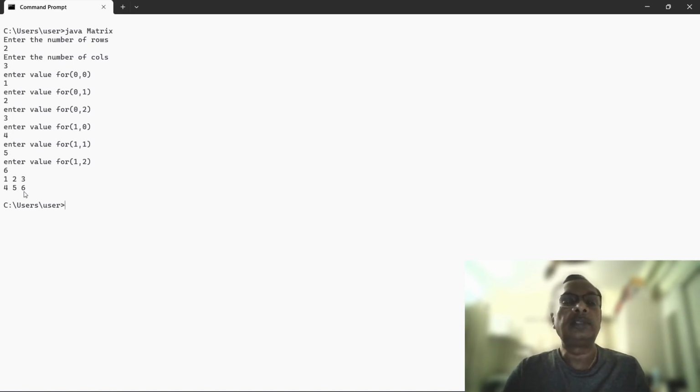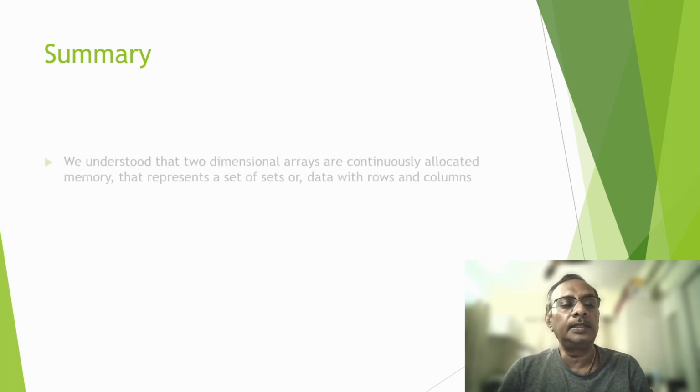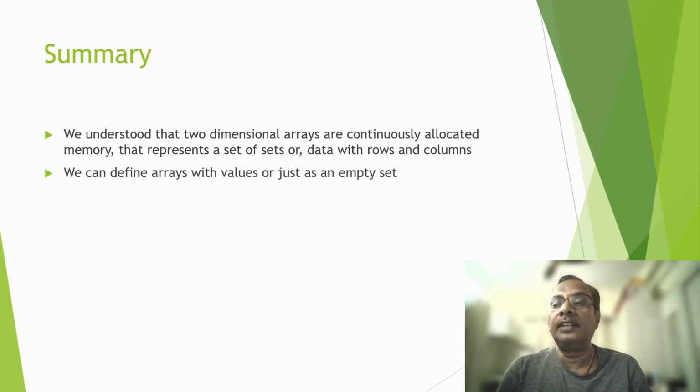Now let's go back to the summary. What we have understood is that two-dimensional arrays are still continuously allocated memory that represents a set of sets or data with rows and columns, right? So we can define arrays with values or just an empty set.